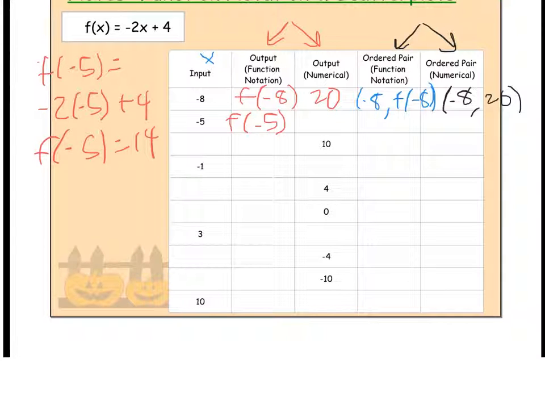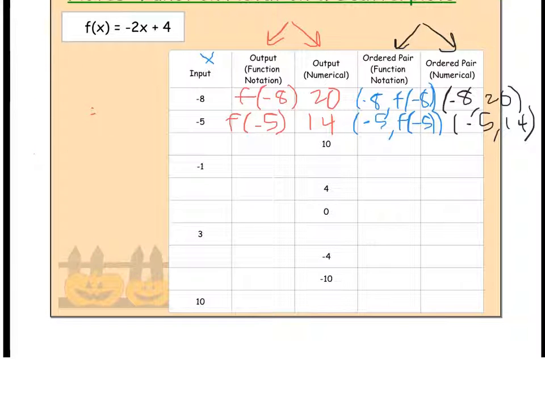So that is my numerical output. Now my ordered pair in function notation, well, my input is negative 5. Output is f of negative 5. And my ordered pair numerically, my input is still negative 5, but my output would be 14. So that's one more example.